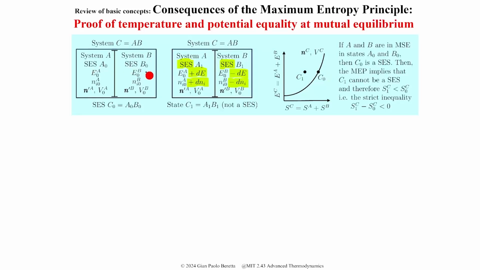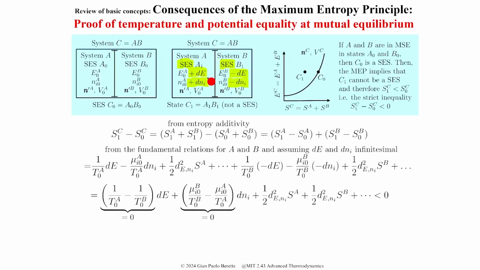So they are in mutual equilibrium at the beginning state 0, and we construct another state with the same energy by shifting some energy from A to B, and also some amounts. So I take A with some more particles of that type, and B with fewer particles. So it's like moving them from B to A.